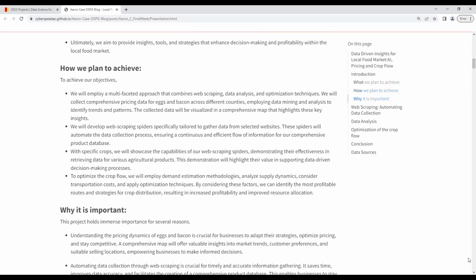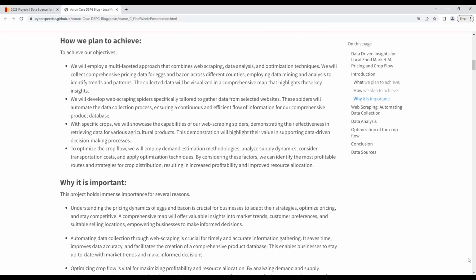Now, how we plan to achieve this. This is kind of like a roadmap that we made for ourselves, and we tried sticking to it throughout the project. So for web scraping, and specifically spiders, we followed a systematic approach wherein we manually collected data. We went to all those websites that we wanted to scrape. And then we started writing code for scraping, and a lot of testing, a lot of debugging, and all that.